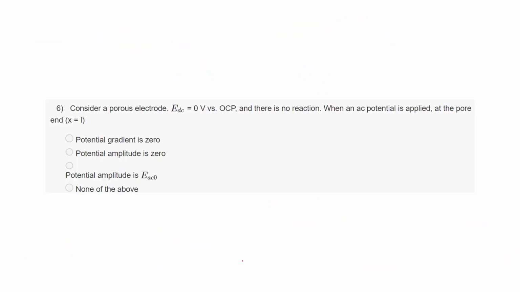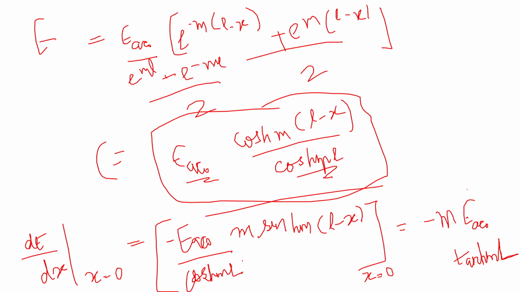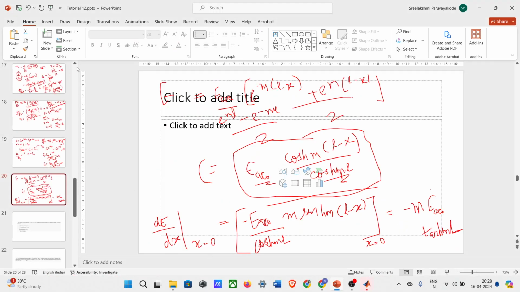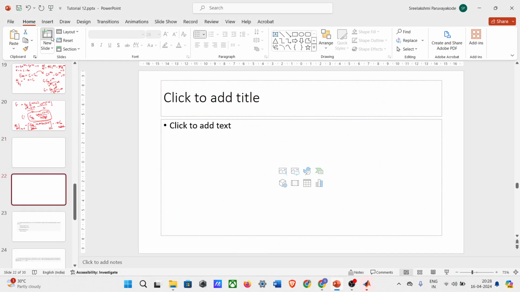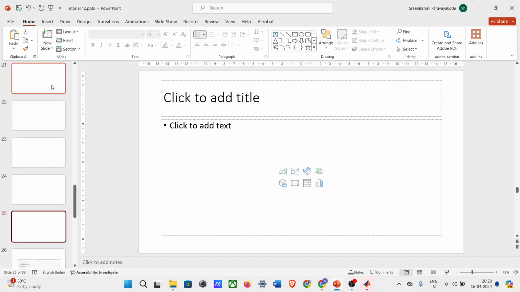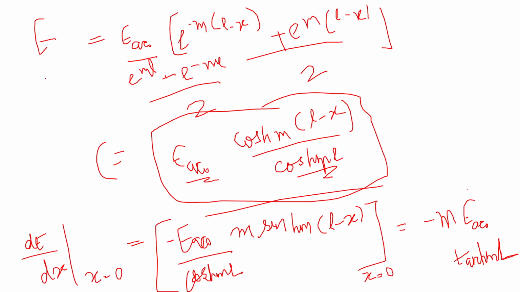Now the next thing is, you have to find out what is the current. How will you find out? You know the potential gradient at the electrode surface.